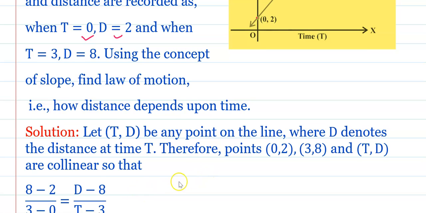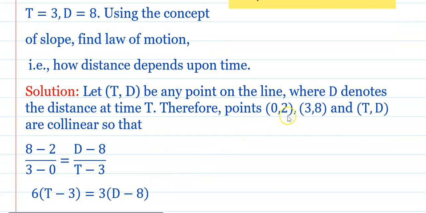So find the slope of the first two, (0, 2) and (3, 8): 8 minus 2 upon 3 minus 0. The difference of the distance, 8 minus 2, and the difference of the time, 3 minus 0. What about the next, (3, 8) and (t, d): d minus 8 upon t minus 3.